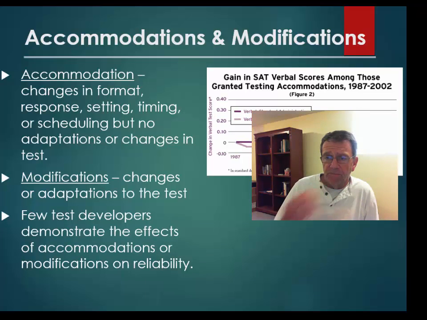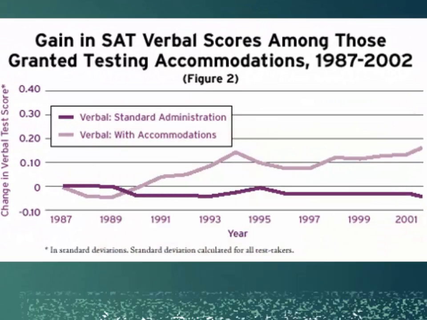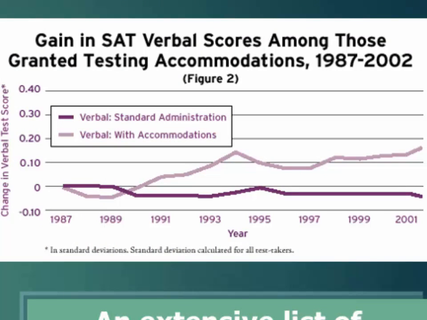So my comment here is that few test developers demonstrate the effects of these accommodations on reliability. When we do give accommodations, are we affecting the reliability or the validity of the test?